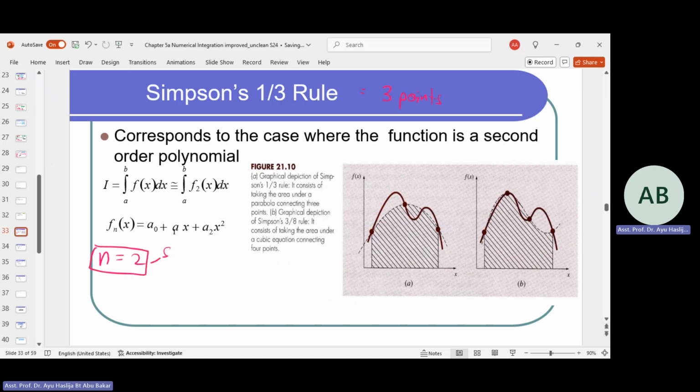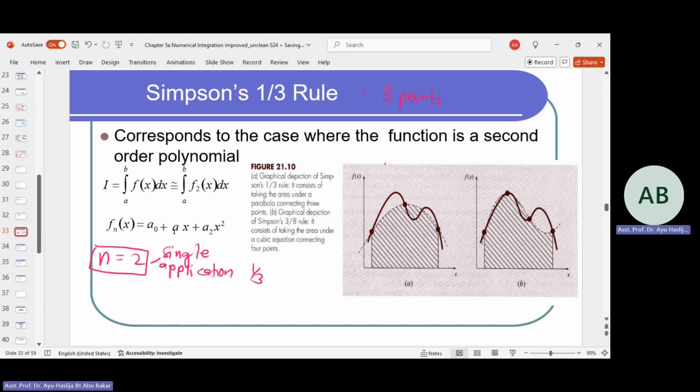For single application Simpson 1/3 rule, minimum n equals 2, which requires 3 points.